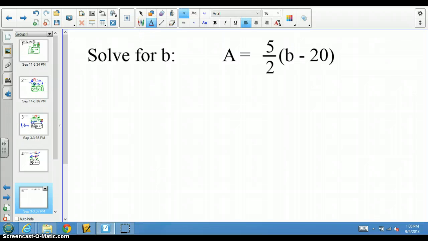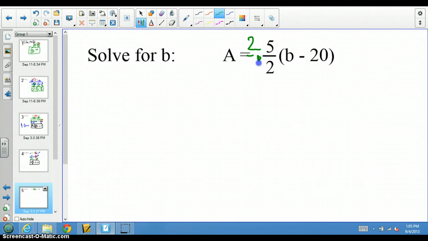So think about it. You have 5/2, and you're multiplying it to b and negative 20. So you're distributing or multiplying. Well, to get rid of multiplication, you have to divide. Well, you divide by 5/2, but when you divide by a fraction, you're actually multiplying by the reciprocal.